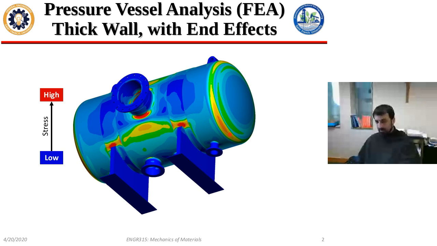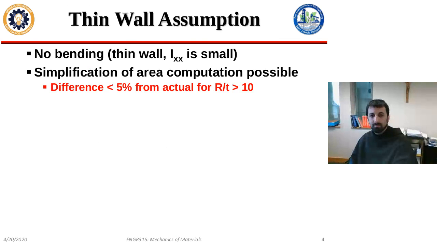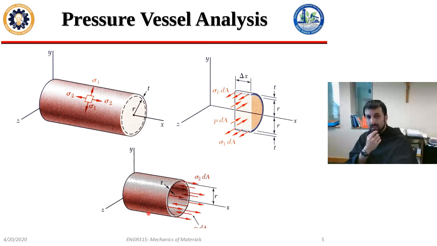So, being only normal stress, we've already derived an expression for the stresses. If I go to the next slide, in this bottom picture here, we're looking down the middle of the pressure vessel, and we derived an expression for the stress in that hoop.